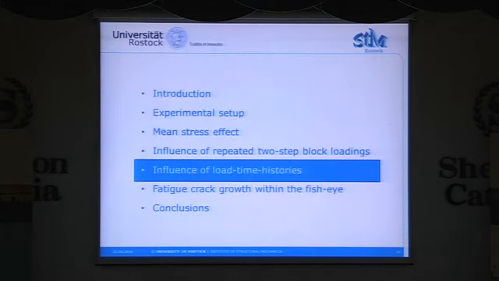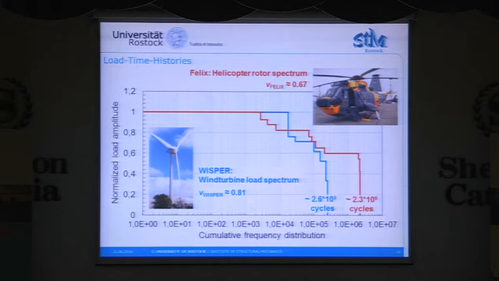For the investigation of the load time histories, we use two types of standardized load spectra. The first one is the helicopter rotor spectrum Felix, which has been transformed for an R ratio of -1.